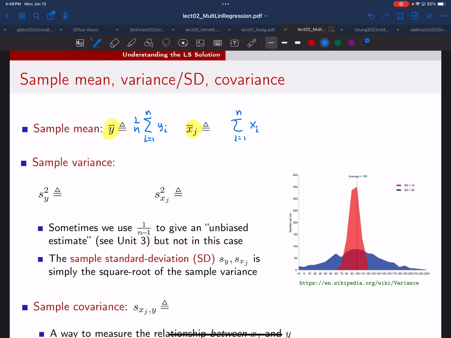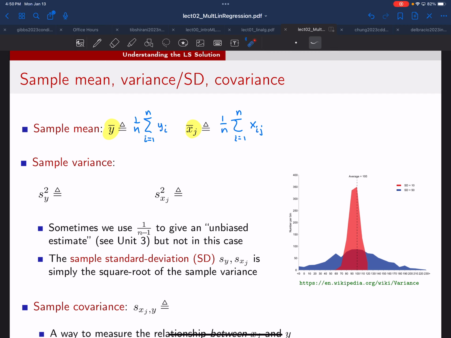But we actually have different features. We have different examples i and different features j. So there's actually x_ij. That's the i'th example of the j'th feature. And then finally we're going to average by 1 over n. So that's the sample mean of our targets from the training set, and this is the sample mean of the j'th feature from the training set. Everybody good with that?